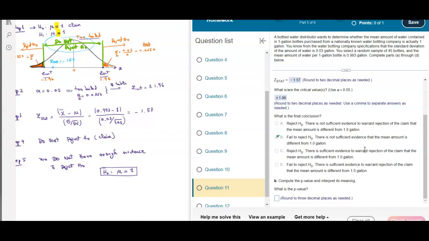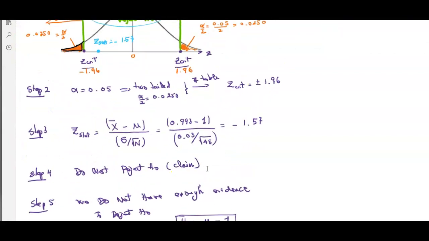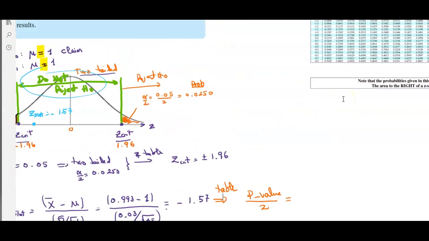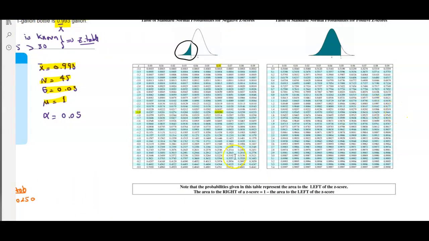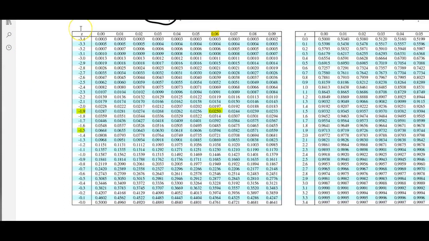All right, now they are asking us for the p-value. So how can I get the p-value? I didn't calculate it yet. If I go back, the p-value is always deduced from the z-stat. Remember you are in two tails, so this value from the table is going to give you the p-value divided by 2. All right, so this is my table, minus 1.57, so minus 1.5 and 7 is right here, so this is half of the p-value.